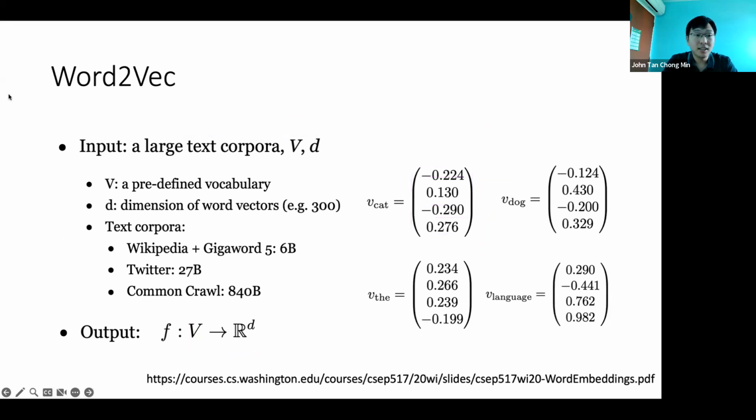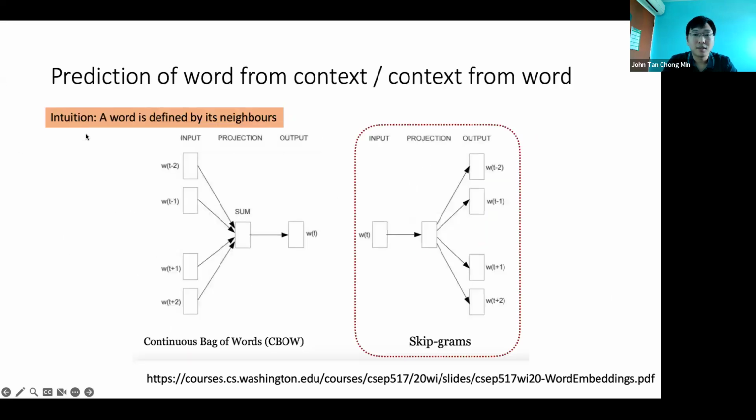So the idea is like this. What the meaning of a word is, is actually very influenced by its neighbors. For example, the man walked into a store. You can change it to the woman walked into a store, or the person walked into a store.